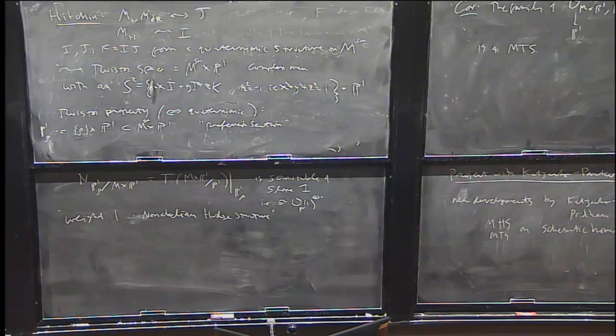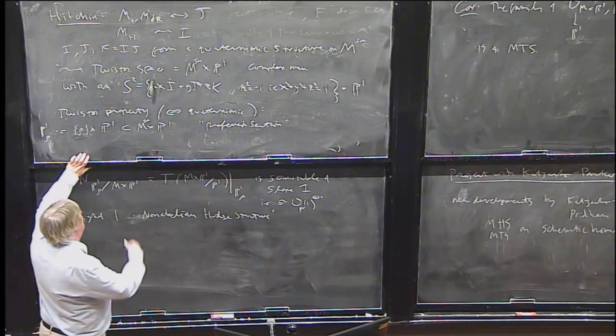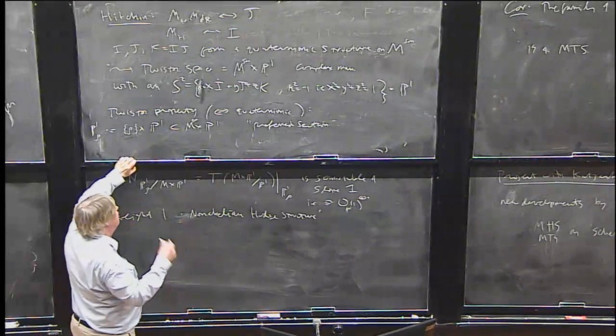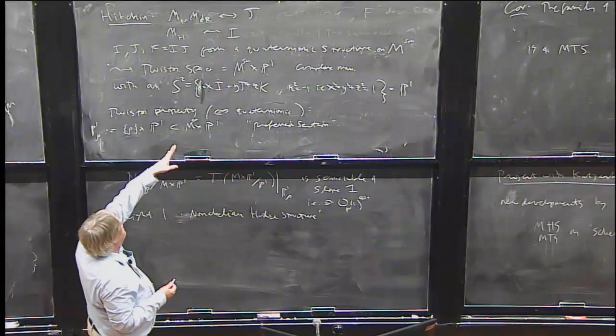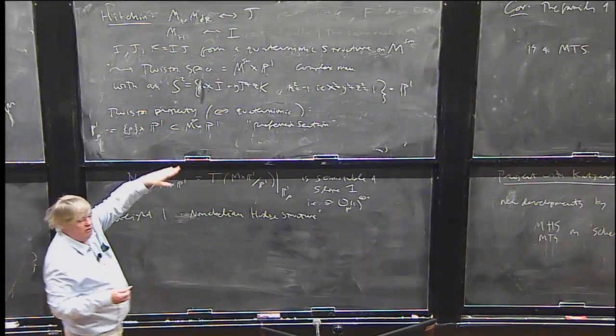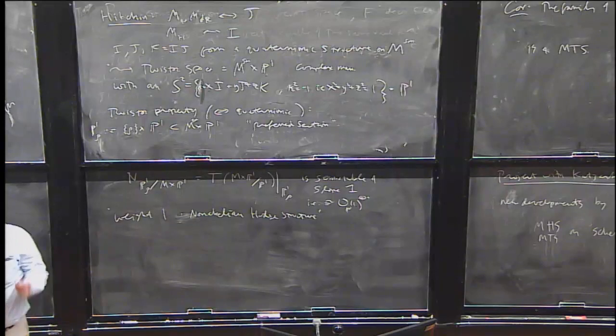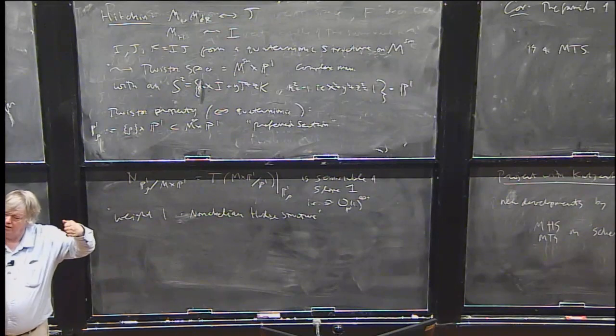In the Hitchin case, how do you describe the preferred section? Well, in this picture I'm again skipping some stuff about Deligne gluing and so on. But if you just look in Hitchin's paper, he says you take the manifold M and cross P1. The manifold has a hyperkähler structure. M cross P1 has a complex structure, where the complex structures on the fibers vary.